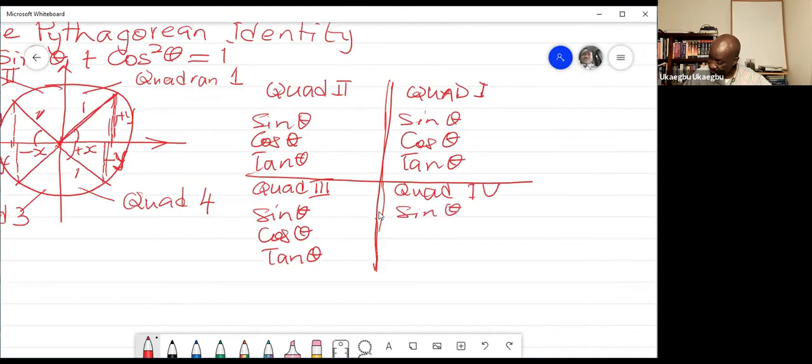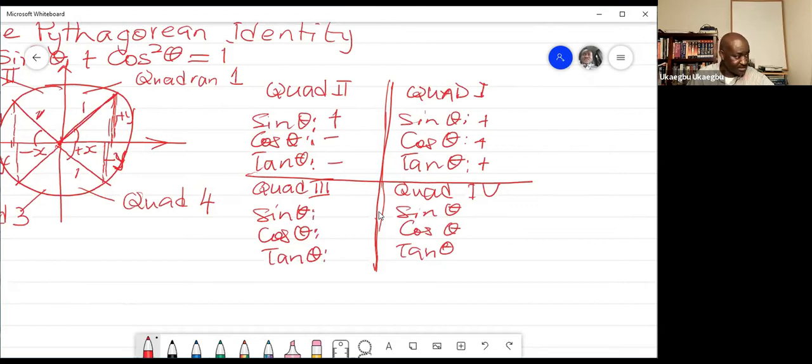What this chart is going to help us do is identify whether the trig ratio in each quadrant is positive or negative. In quadrant 1, everything is positive: positive, positive, positive. In quadrant 2, sine theta is positive, cos theta is negative, and tangent theta is negative.